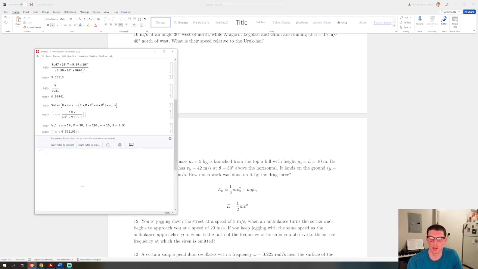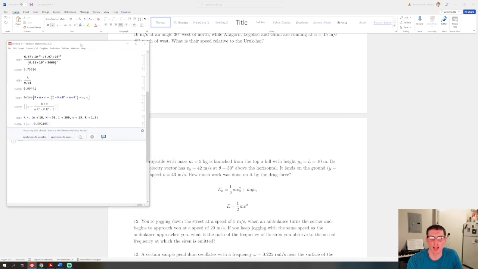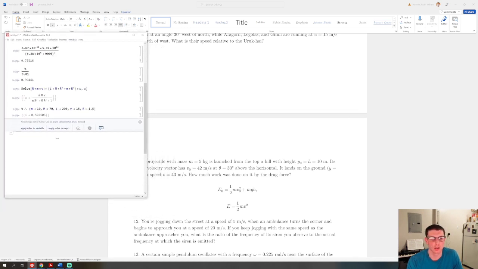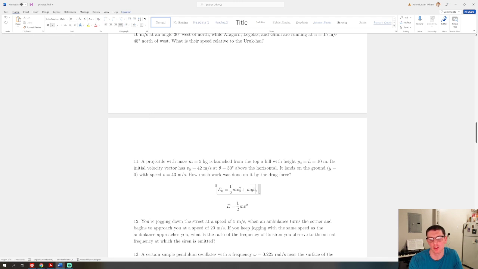So E naught is going to be 1/2 times 5 times 42 squared plus 5 times 9.81 times 10. So let's keep it exact. It's 4,900.5 joules.